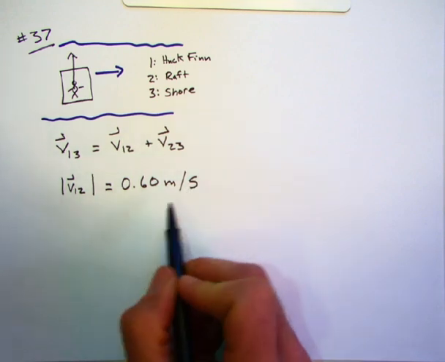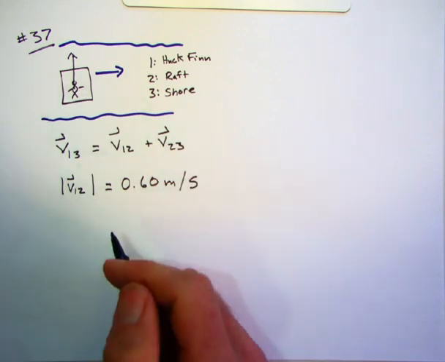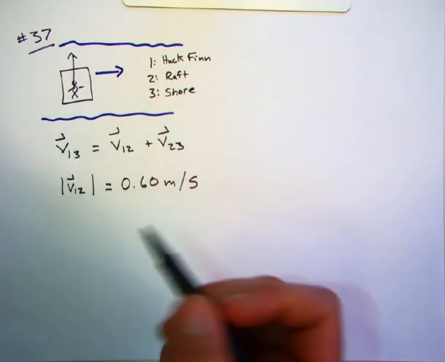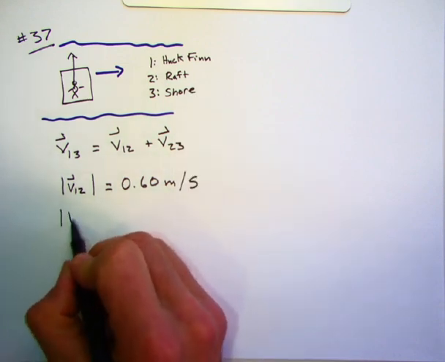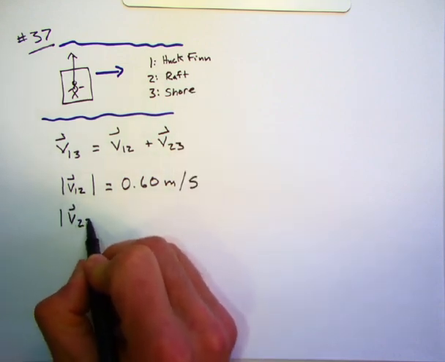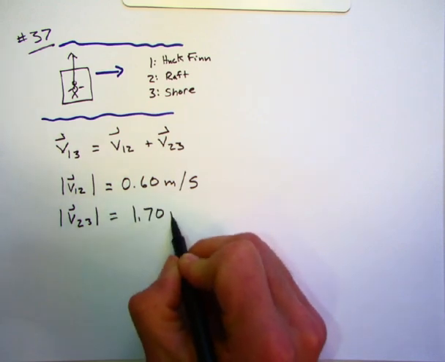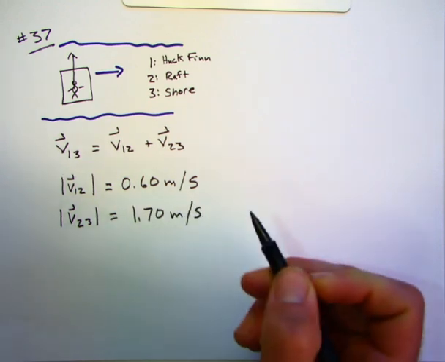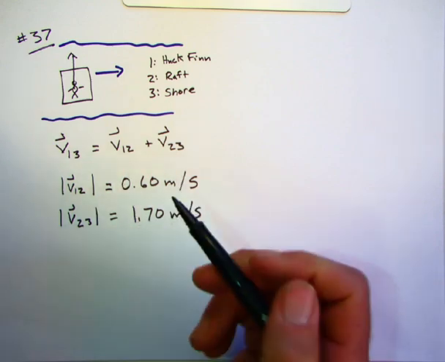It also says that the raft is traveling down the Mississippi River at a speed of 1.70 meters per second relative to the shore. So the raft relative to the shore is moving at 1.70 meters per second. Now, what is Huck's velocity relative to the shore?